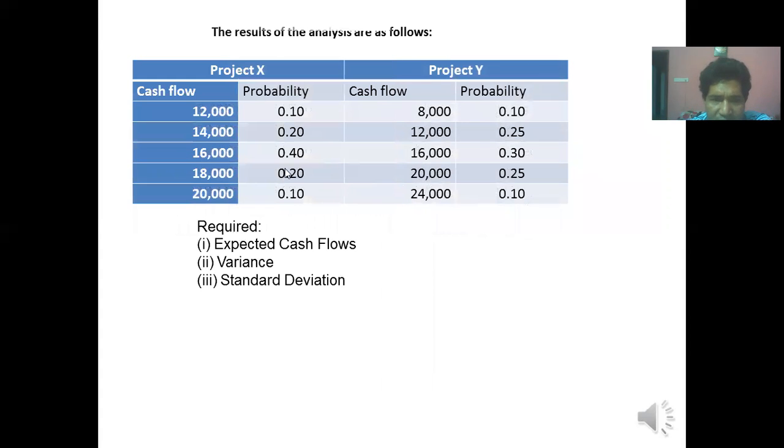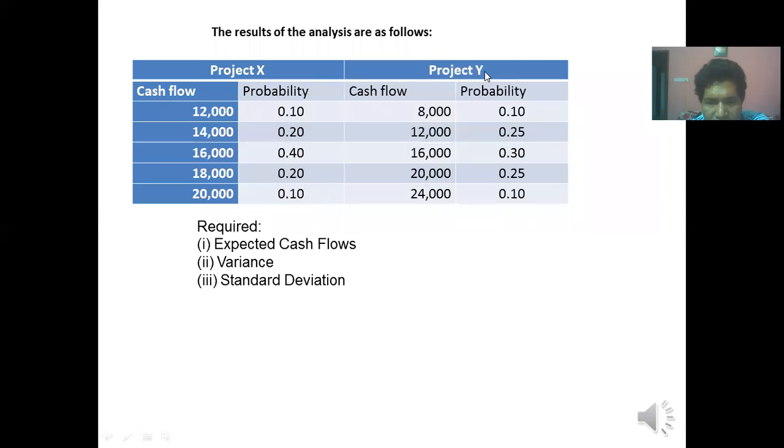And here is the data for project X and project Y. Cash flows: 12,000, 14,000, 16,000, 18,000, and 20,000. The probability of cash flows: 0.10, 0.2, 0.40, 0.20, 0.1. Total probability equals 1.